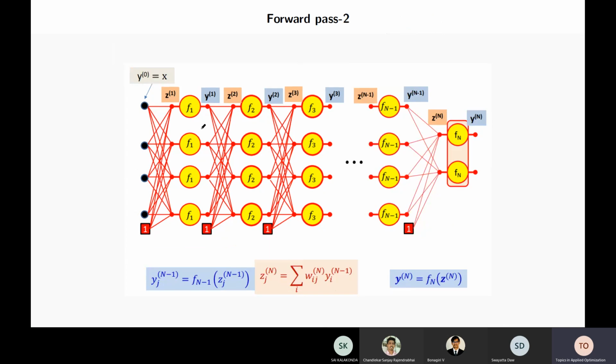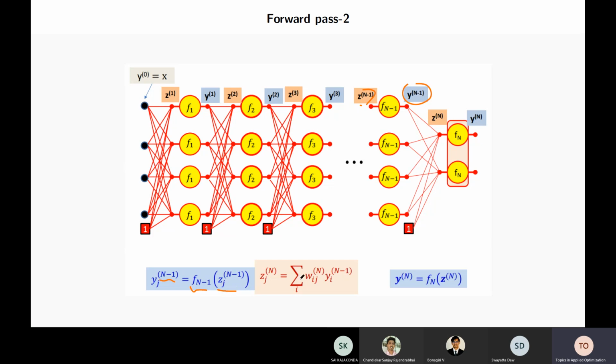In the forward pass, I have this y0, and let us focus on the last layer case. We have seen what happens up to here, and the n minus 1th output is here, and then we do the last step. yn minus 1 was found after activating with respect to fn minus 1, and this activation was applied on zn minus 1.